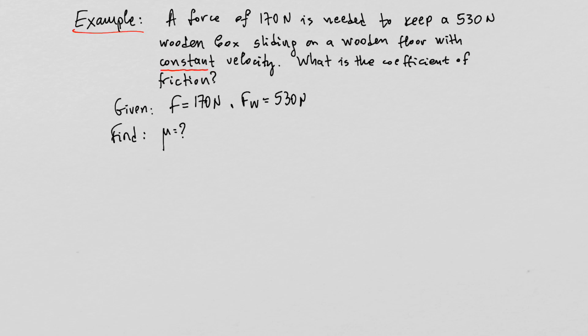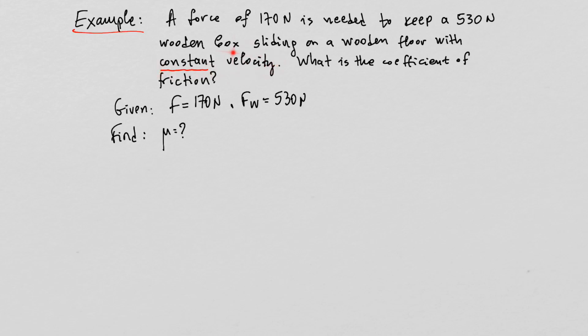What does that mean? It means that the force that is pulling or pushing on the box is balanced by the force of kinetic friction. So therefore, the force with which the box is being pushed or pulled is equal to the force of kinetic friction. And because of that, there is no acceleration, which means that the box is moving with constant velocity.